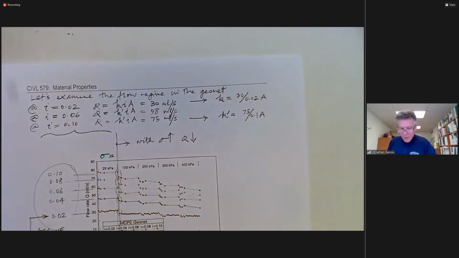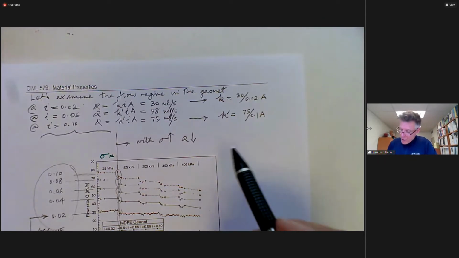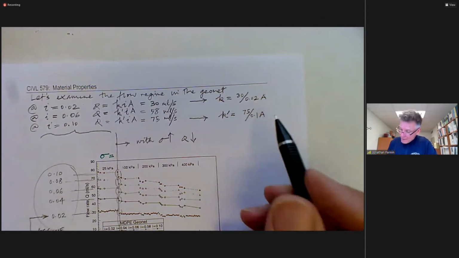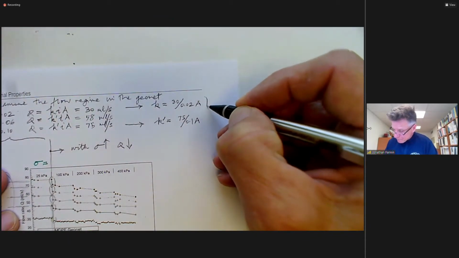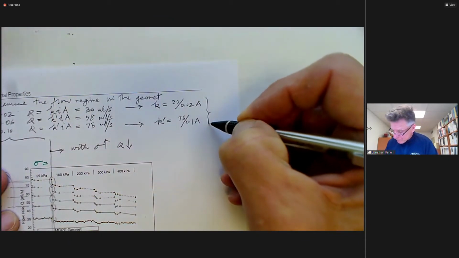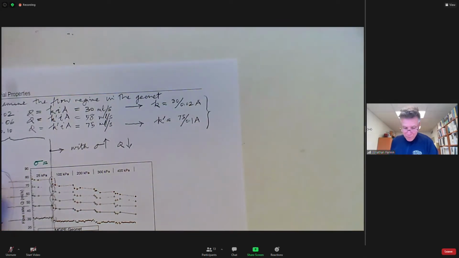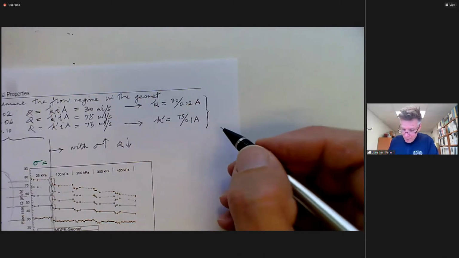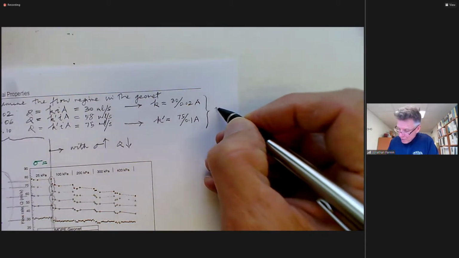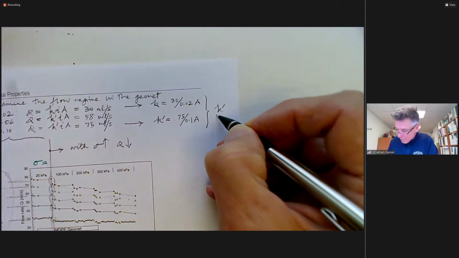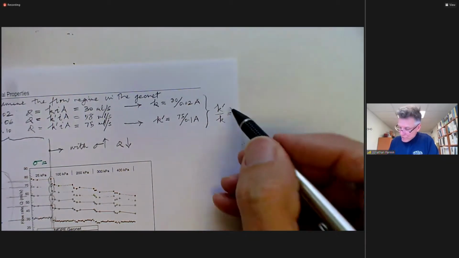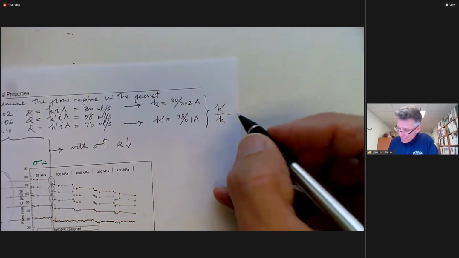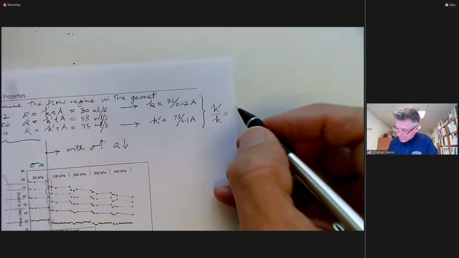Okay, and therefore I can look at the relative permeability. Right? Let's take these out here. I can look at the relative permeability, and I'm going to say, you know what, K prime over K is equal to, and if I divide it through, it's going to be 0.5.